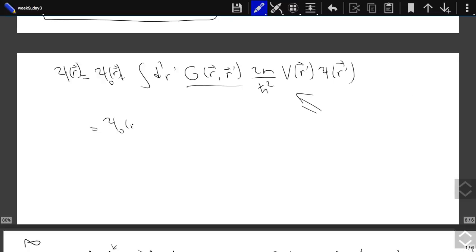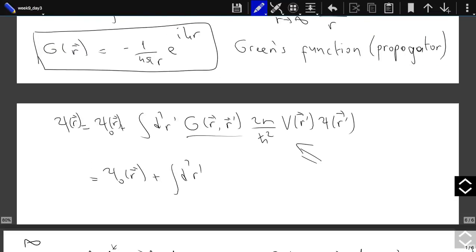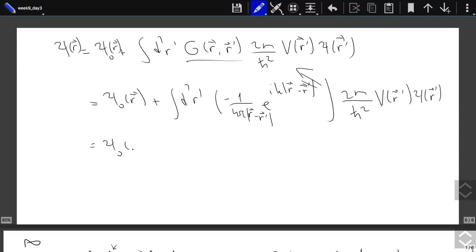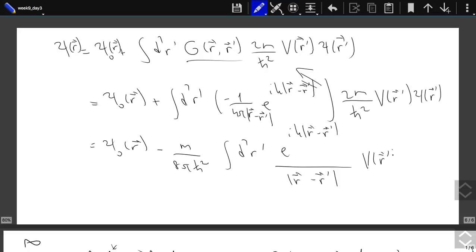Then we know what this G is: minus 1 over 4 pi |r minus r'| e^{ik|r minus r'|}, times 2m over h bar squared V of r' psi of r', psi 0 of r plus or minus m over 8 pi h bar squared, integral d cubed r' e^{ik|r minus r'|} divided by |r minus r'|, V of r' psi of r'.